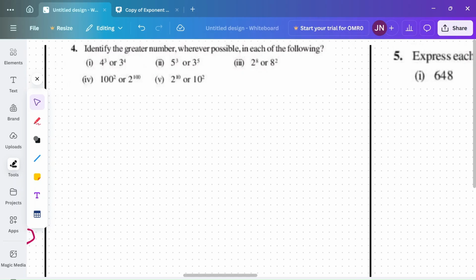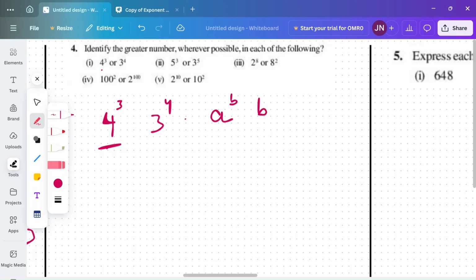Now, next question. In the fourth question, you would see that there is a pattern: the base and the exponents of this, here we have reversed them. In such cases, there is a property: if these bases are greater than 1, say this is a to the b and b to the a, then the number with the higher power will always be greater.